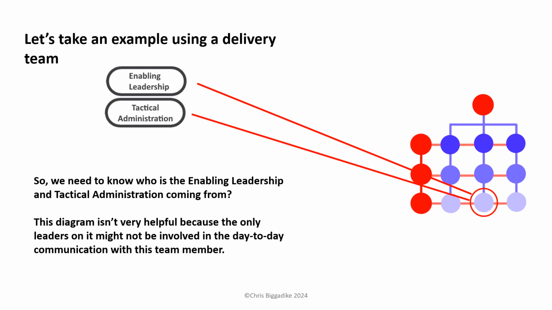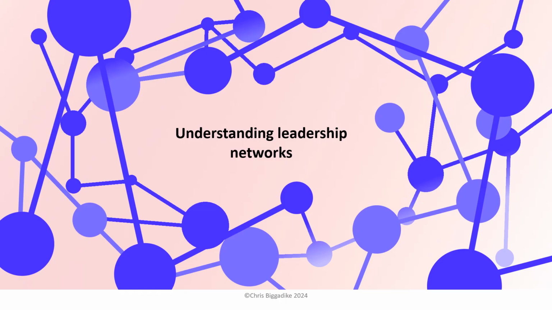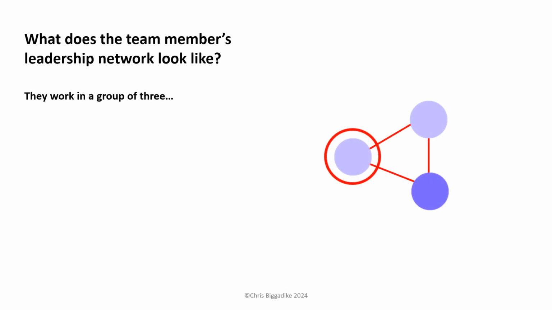Well, this diagram isn't very helpful because the only leaders shown on it might not be involved in the day-to-day communication with the team member. As I said earlier, this diagram shows responsibility. Now, for the example of that one team member, let's have a look at their leadership network. They work in a group of 3.